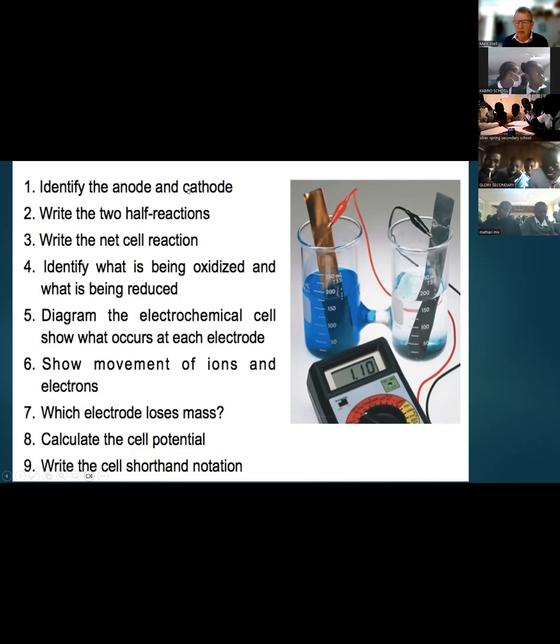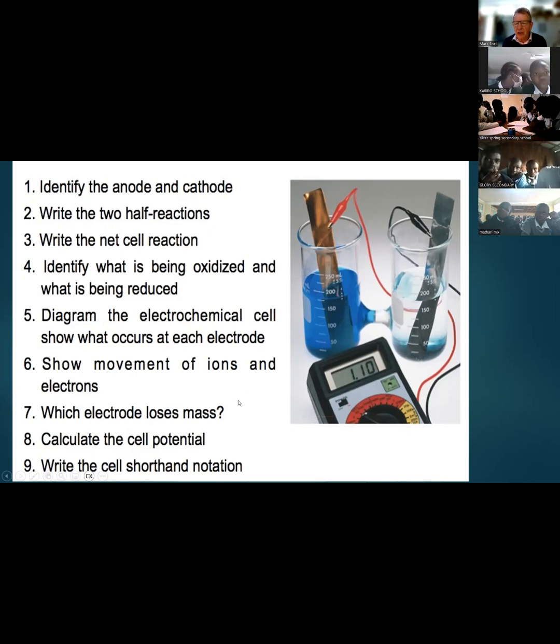But it asks you to identify anode and cathode, so we need to know what they are, to write half equations, to write what is happening totally, to decide what is being oxidized, what is being reduced, to show a diagram of it, to show how the ions and electrons move, to describe what is happening in it, number 7, to calculate the cell, although it shows you there, and to write the cell notation.